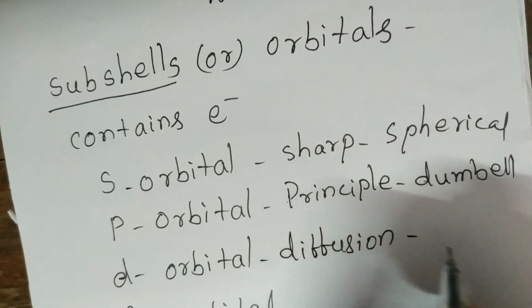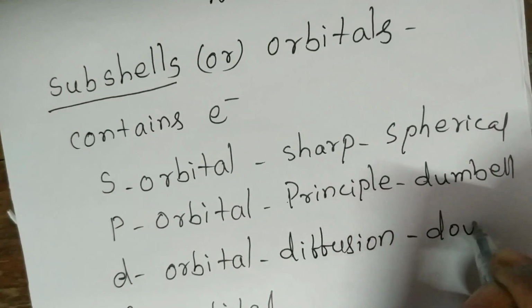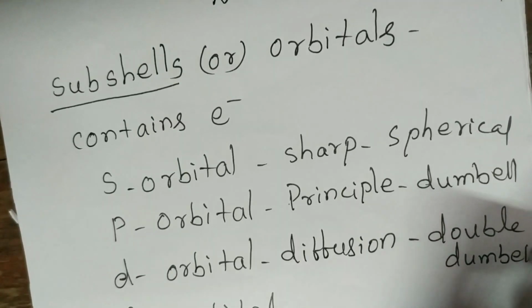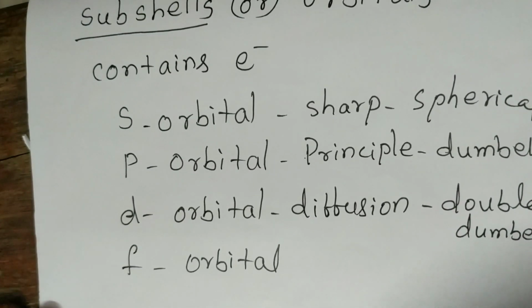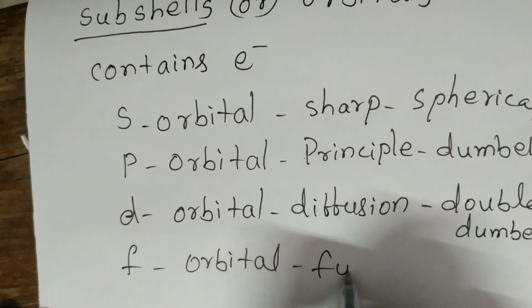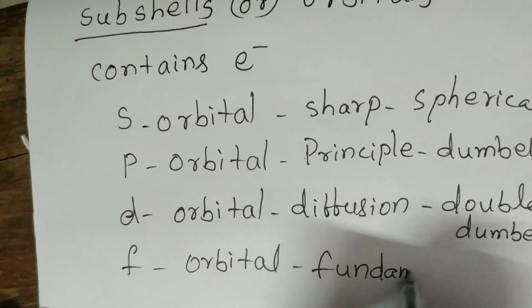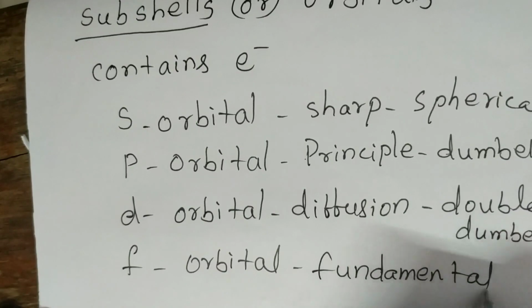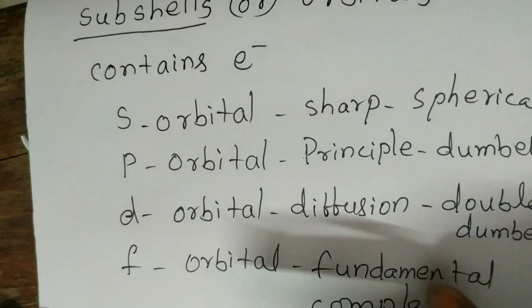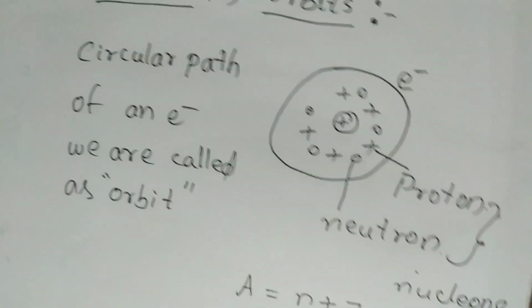Just like shortcuts we can remember these. And the shape of the d orbital is double dumbbell. And f orbital we can say is fundamental, and the shape of the structure is complex.